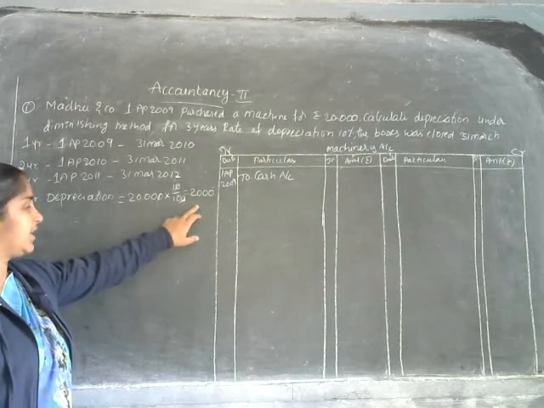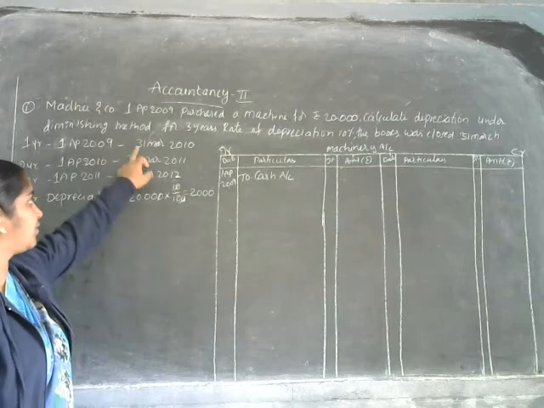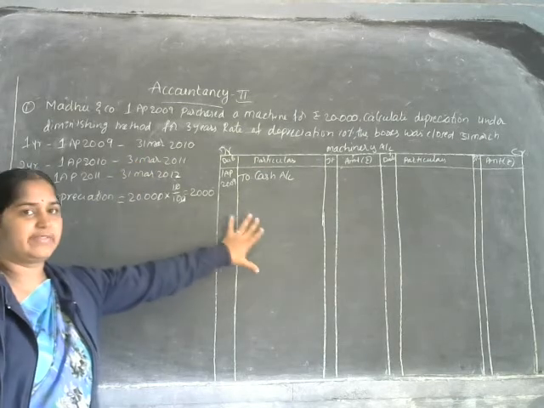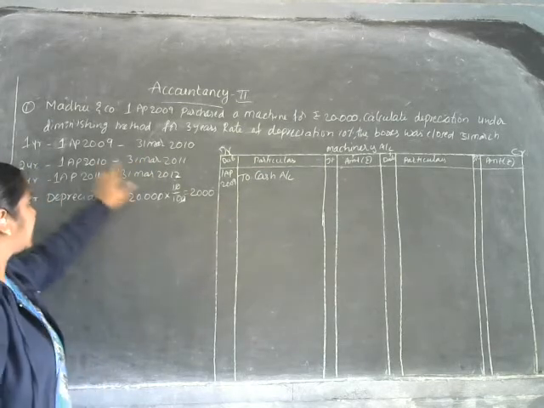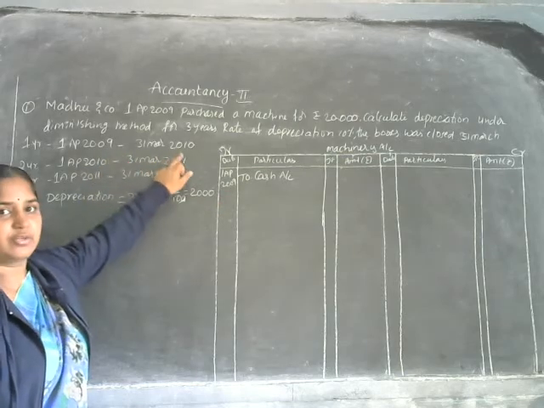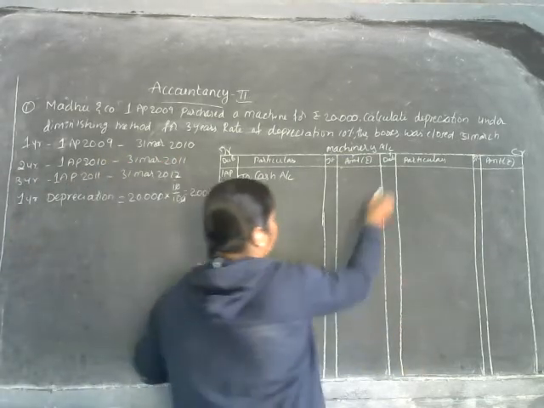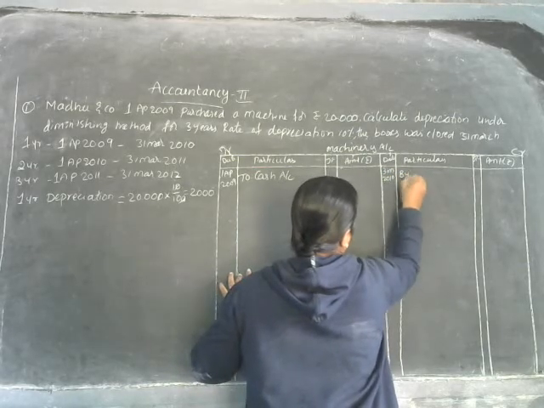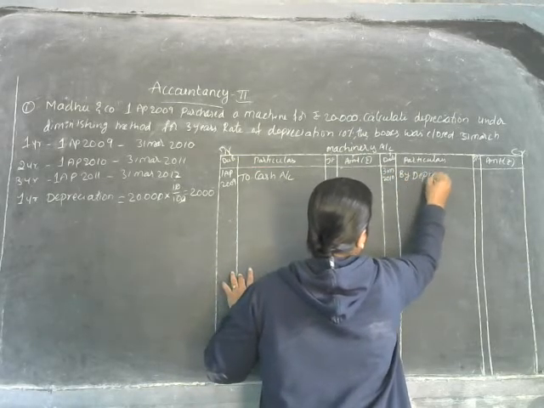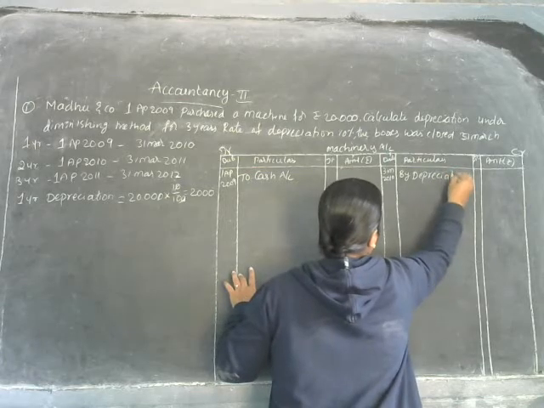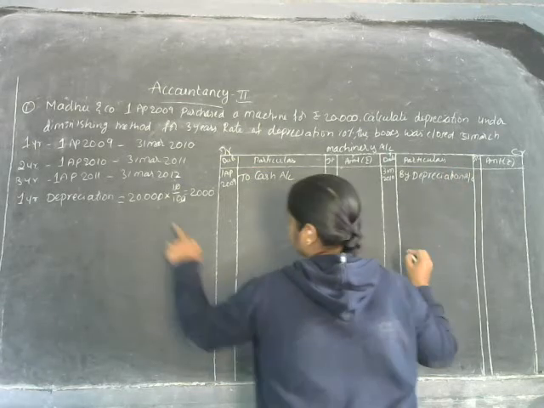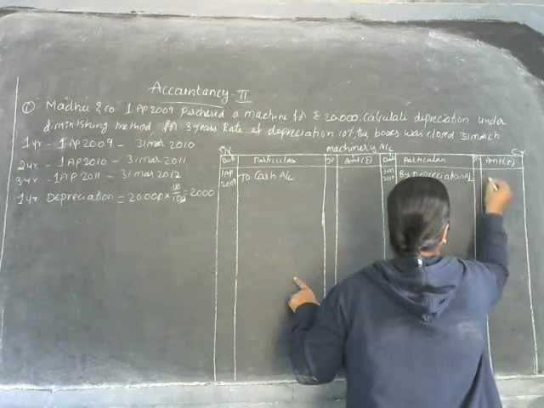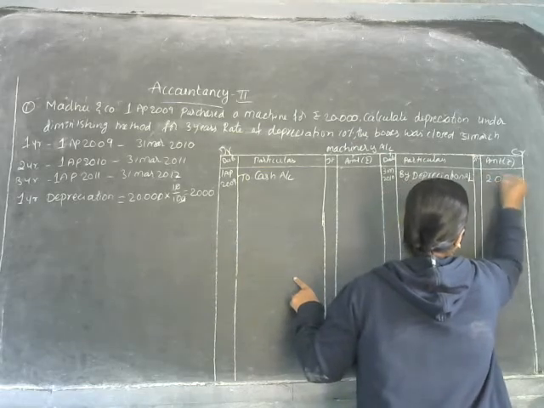And the depreciation date which we have to take is the last day of the particular year. Now we are in the first year only, no? So what is the first year's last day? 31st March 2010. So write down here 31st March 2010, by depreciation account. What is the depreciation? 2,000 rupees.